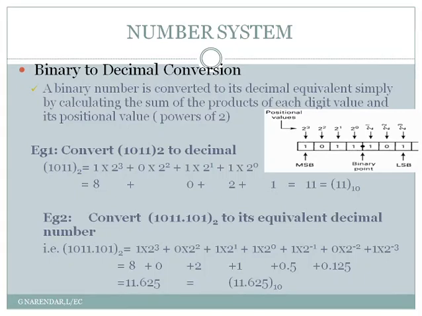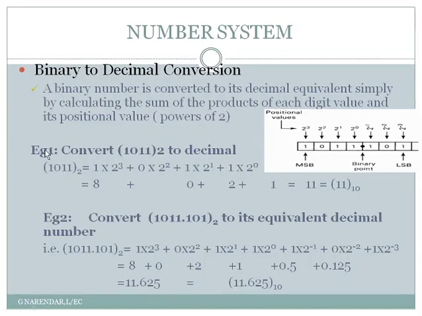In another way, multiply every digit of the given binary number with its corresponding position value, and sum all these products to obtain its equivalent decimal number. We'll illustrate this procedure with an example.